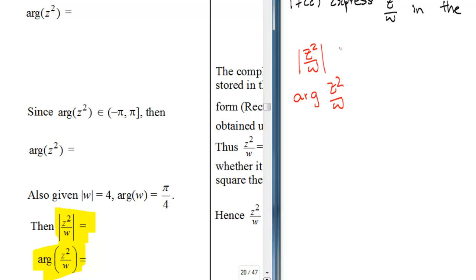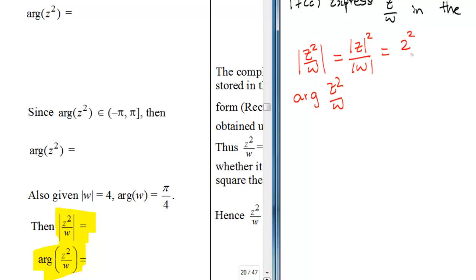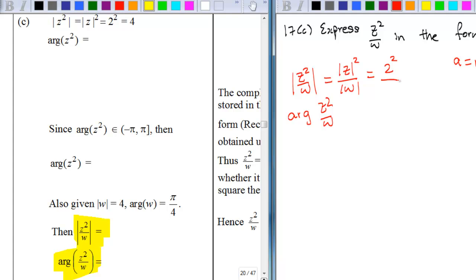First point, we know that the modulus of z squared over w can be simplified to be mod of z squared over mod of w. Knowing that the modulus of z is 2, we have 2 squared here, and that gives us 4, which is this portion in our solution.